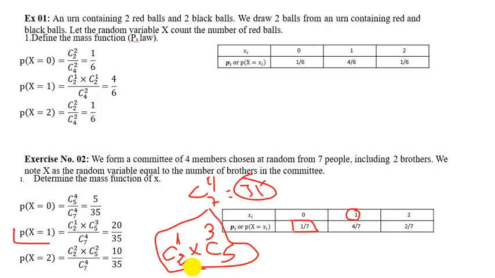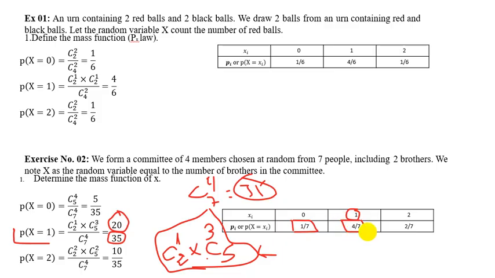So this is the number of favorable outcomes, and the value of this is 20, which is 2 times 10. 20 over 35 is the probability that our x is 1. So 20 over 35 is 4 over 7.